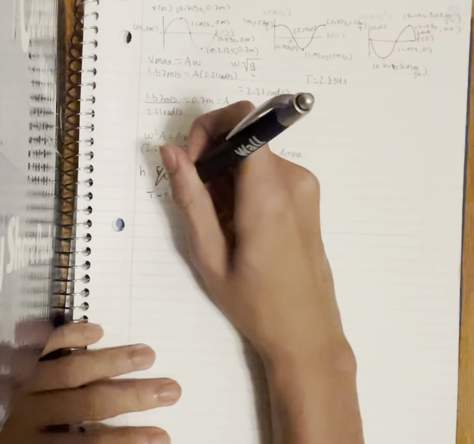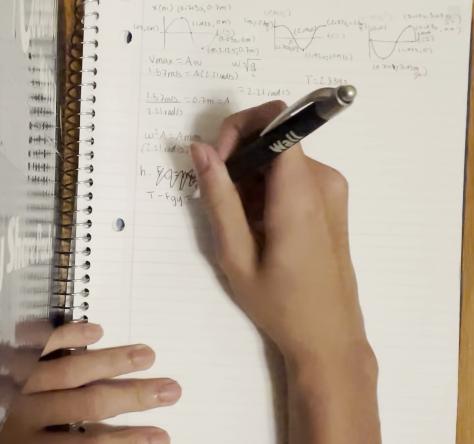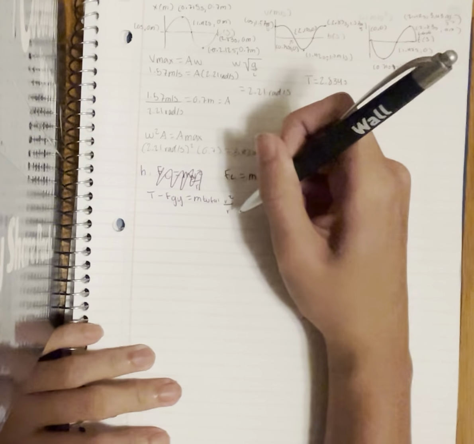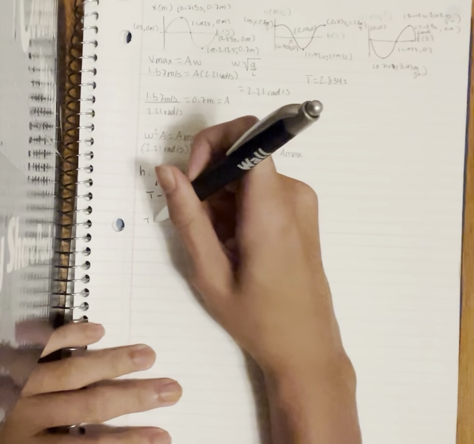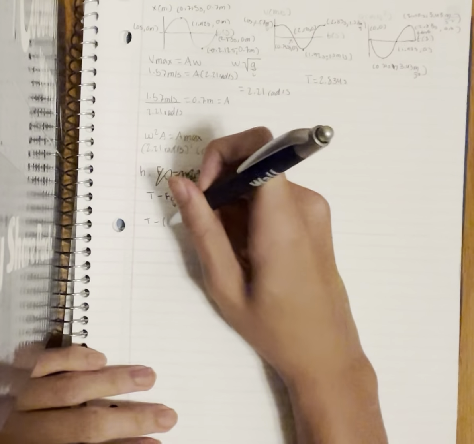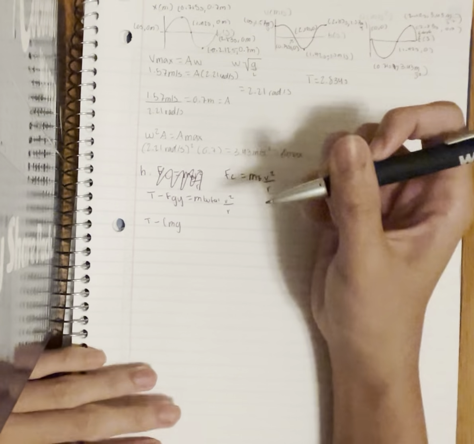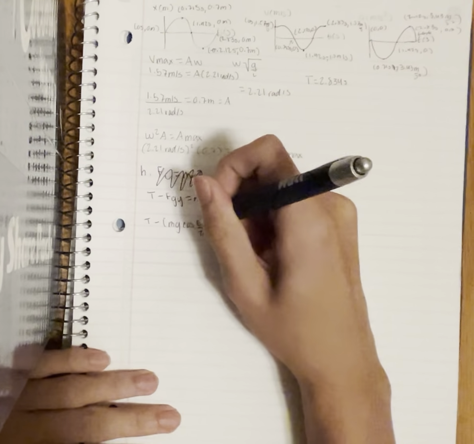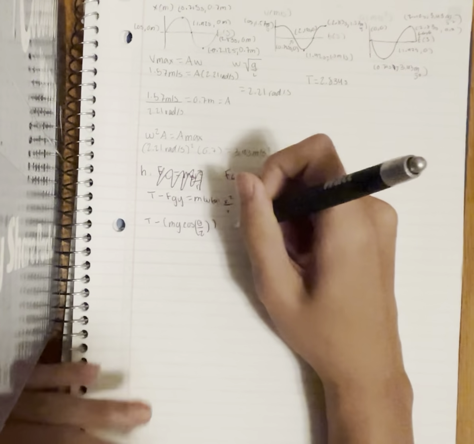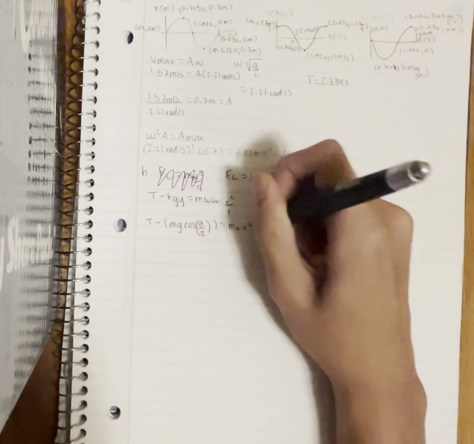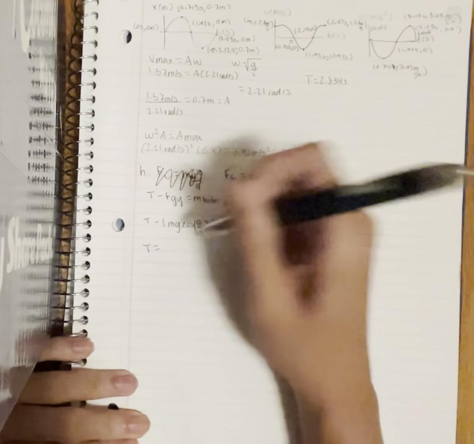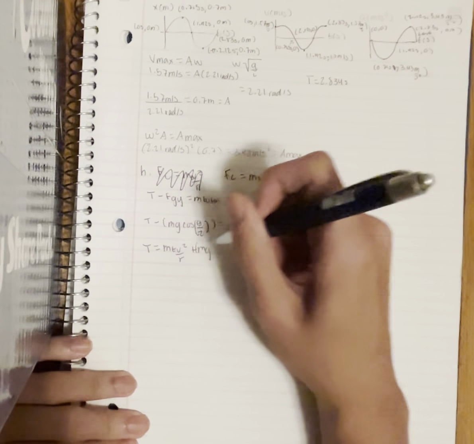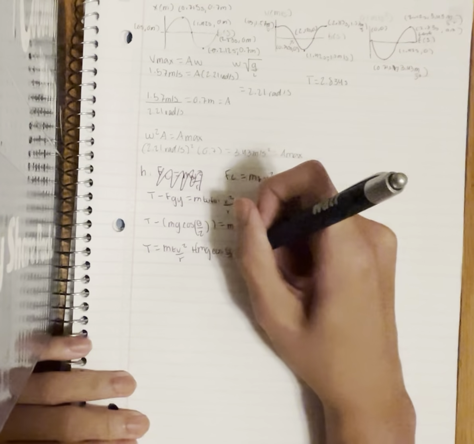T minus Fgy is equal to m total v squared over r, and then T minus, to solve for Fgy, it will just be mg cosine theta divided by 2, is equal to m_t v squared over r, and T is equal to m_t v squared over r plus mg cosine theta over 2.